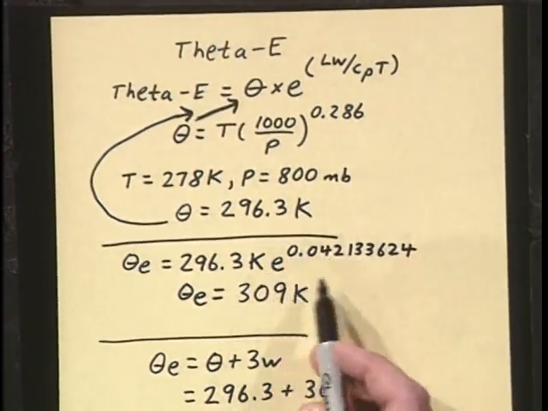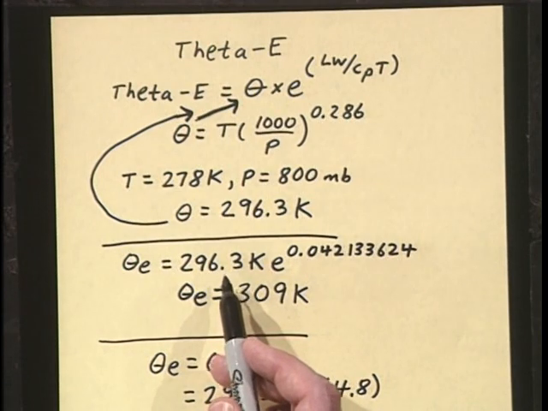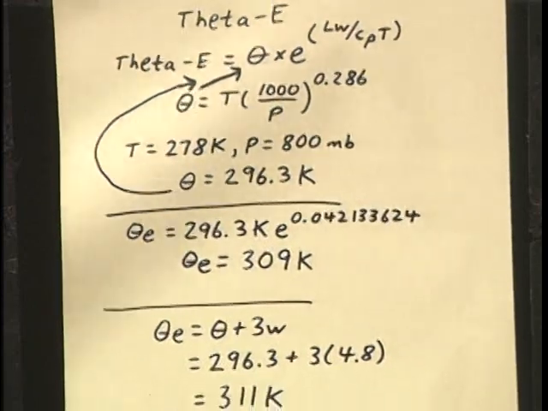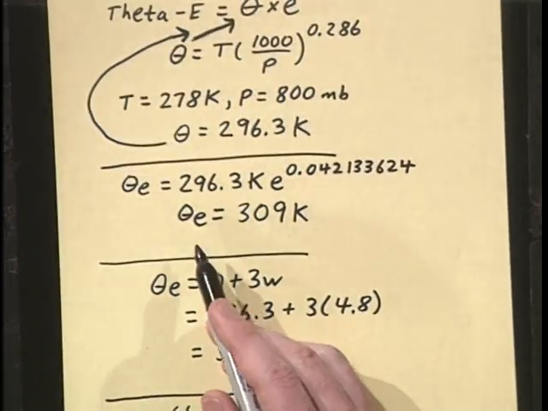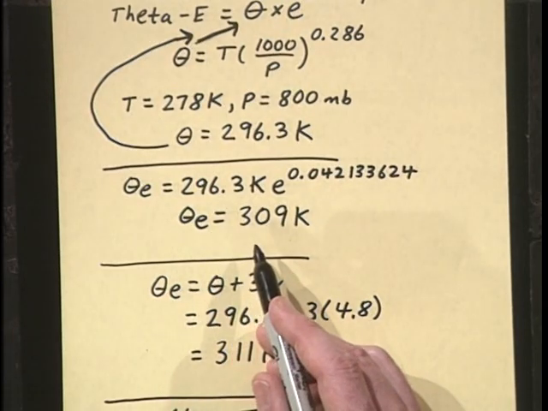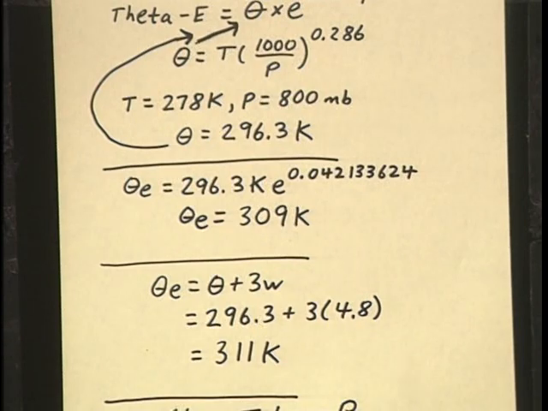So this part is the same as the previous problem. We just multiply by the potential temperature instead of the actual temperature. And when this calculation is performed, you'll get an equivalent potential temperature of 309 Kelvin.